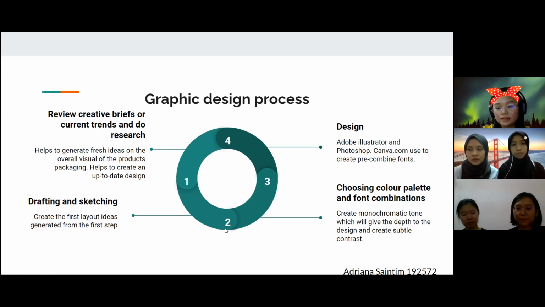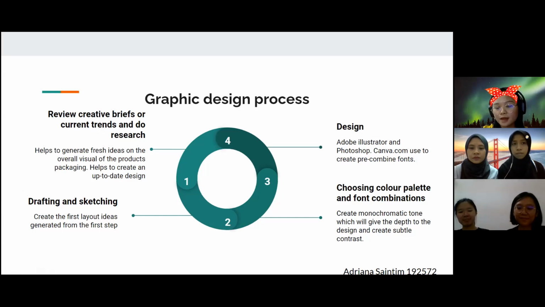And then the next step will be choosing our color palette and font combination that we would like to use in our packaging design. It is to create a monochromatic tone, which will give depth to the design and create subtle contrast. And then the last step will be the designing itself.